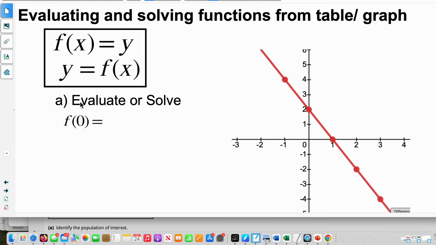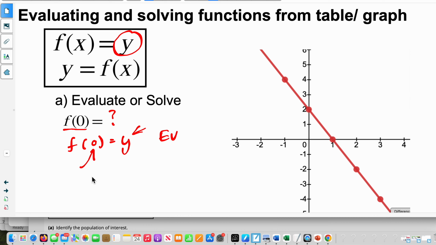All right, again, in this one, I'm given f of 0 equals what? Well, I know I can always write f of x equals y, so I have f of 0 equals, I don't know, what is y equal to. I want to evaluate.